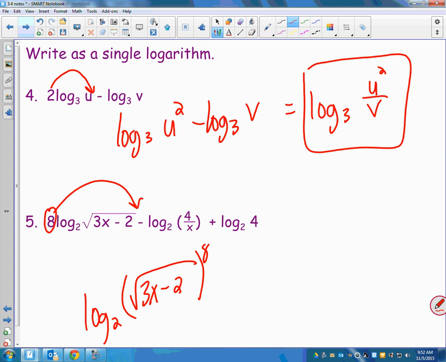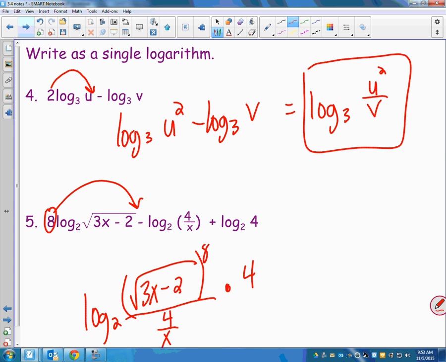So once I write log, it's just putting everything back together. So it's going to be messy, but I'm going to say dividing by 4 over x. And then addition again. What does addition mean? Multiplication of 4. If it would have said minus 4, then I would have divided by 4 down on the bottom again. But since it said adding 4, I'm going to multiply by 4. Again, I only wrote log one time.